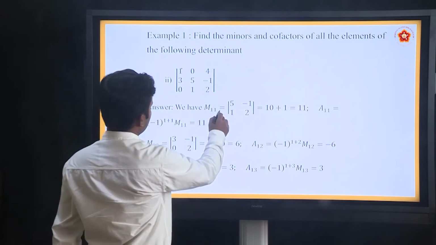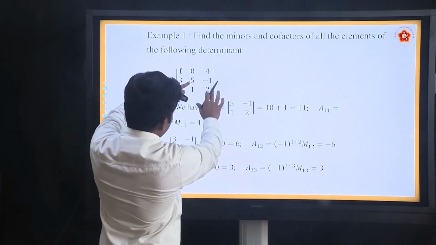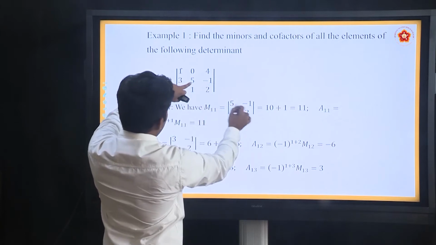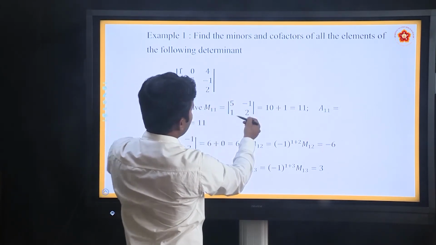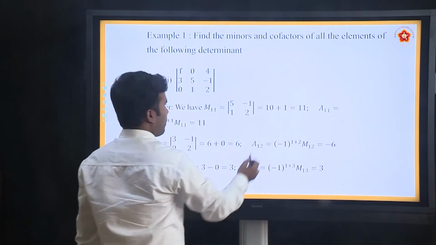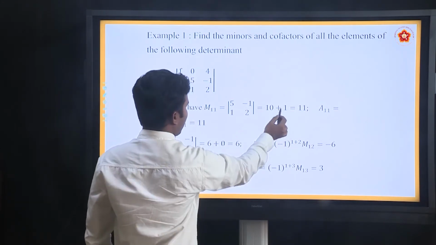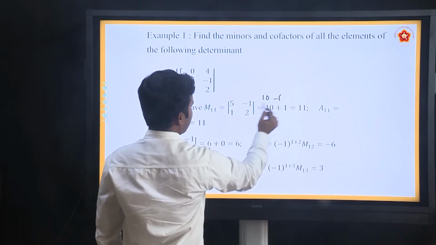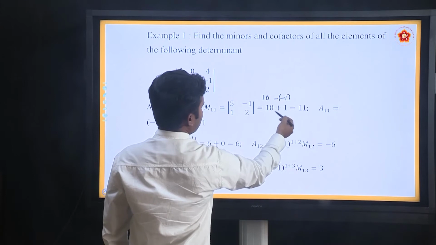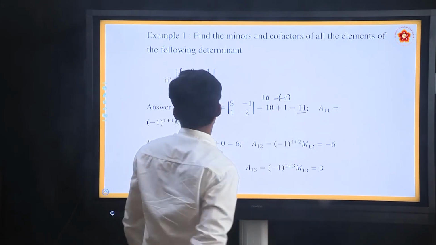So, m11 is equal to, you just delete this and take the determinant of these 4 elements, 5, minus 1, 1, 2. You know how to expand this: product of diagonal minus product of non-diagonal. So, 5 into 2 is 10, minus 1 into 1 is minus 1. So, 10 plus 1, which is 11.